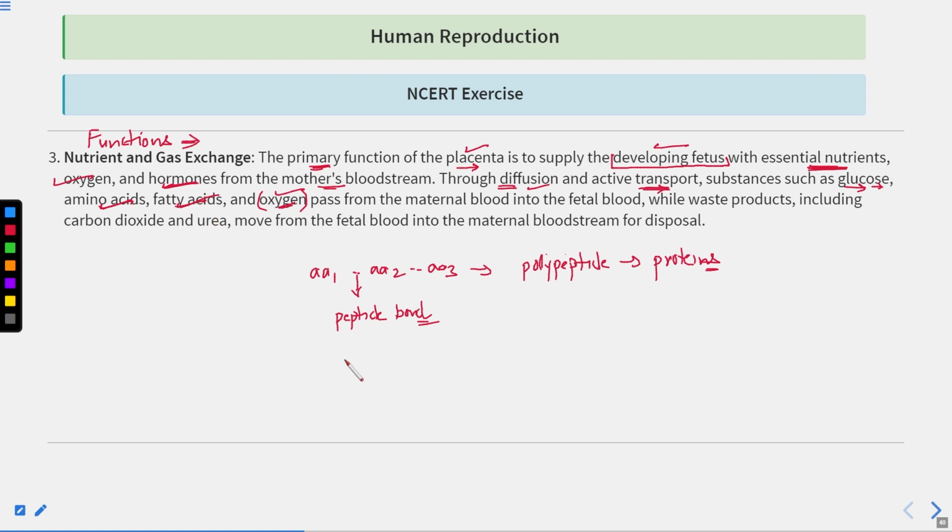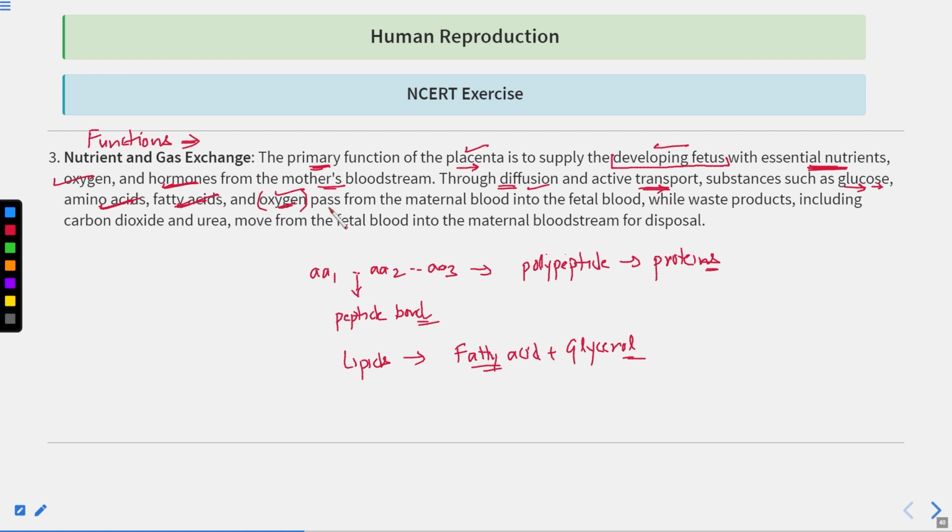Whenever lipids, which are known as fat, break down, they release fatty acids and glycerol. So fatty acids are involved in the formation of lipids, and amino acids are involved in the formation of proteins.